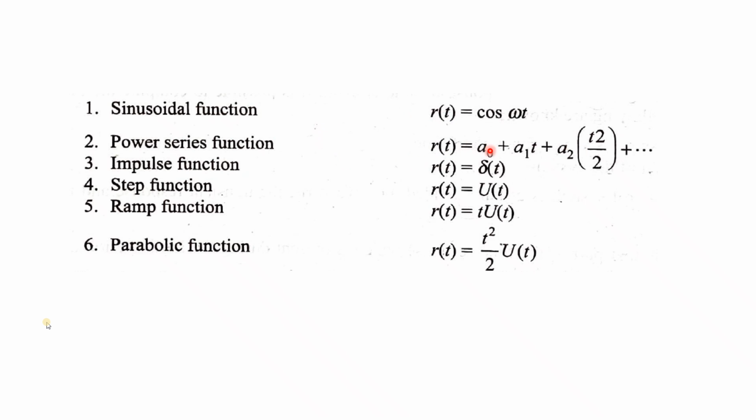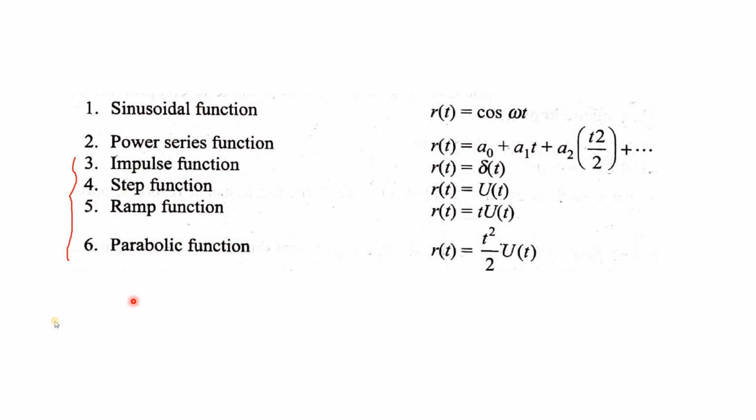Okay. Then we have the power series. There is also one signal. Okay, test signal. Then we have the impulse function, step function, ramp function, and parabolic function. So the last four are the mostly used test functions or test signals in control systems.